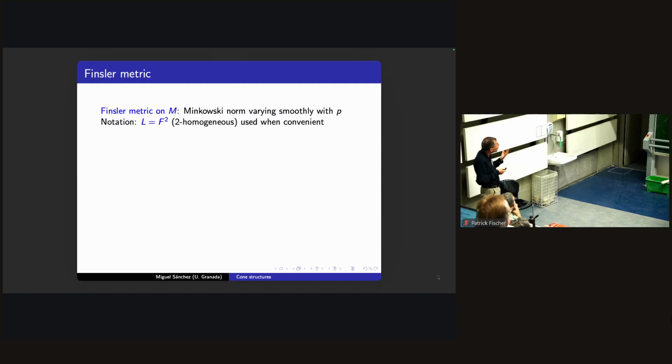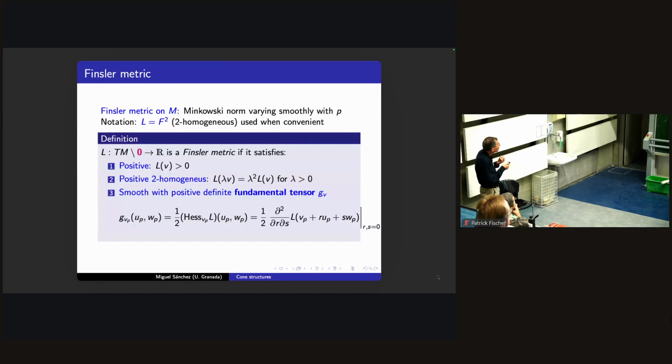Well, a Finsler metric is then to put a Minkowski norm varying smoothly with the point, okay? We will use the notation L equal to the square of the norm. And at the end, the Finsler metric is just a function from the tangent bundle to R, which is smooth outside zero, is positive, is two-homogeneous because we are taking the square, and it has positive definite fundamental tensor at each point.